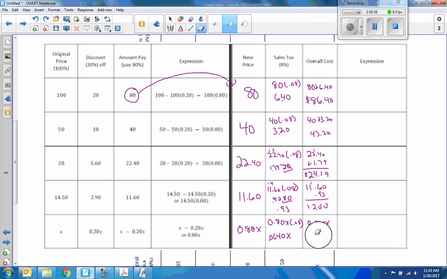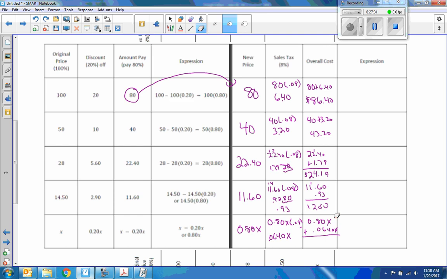My decimals didn't line up. Okay, so we have our original, or our new price, 0.80x, and I'm going to add 0.0640x. Okay, and I want to be really careful with this.